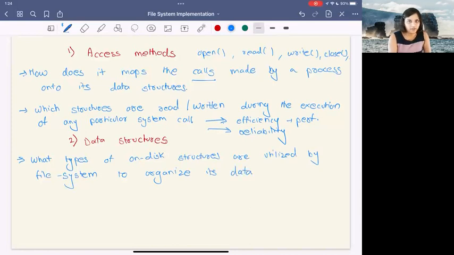And the byproduct of data is obviously the metadata, right?